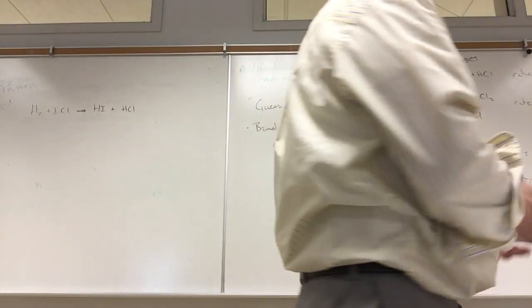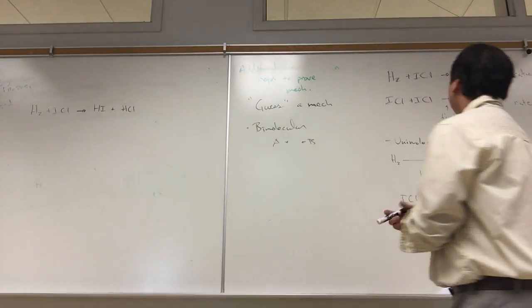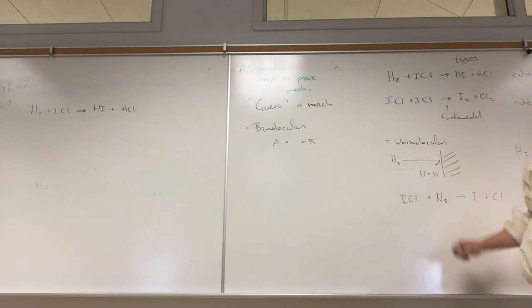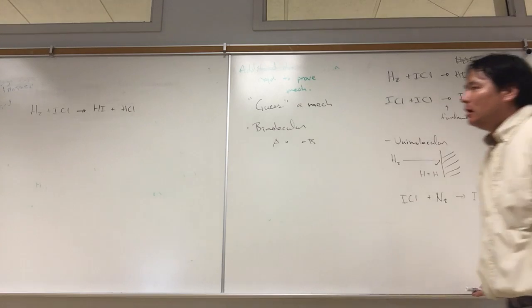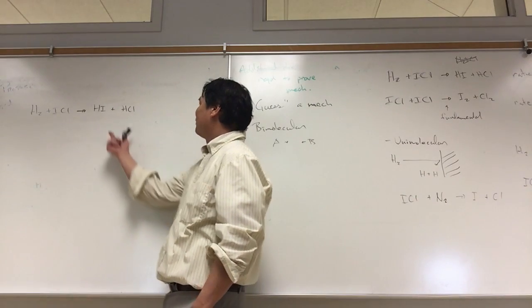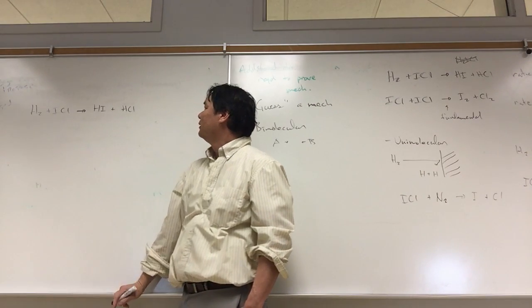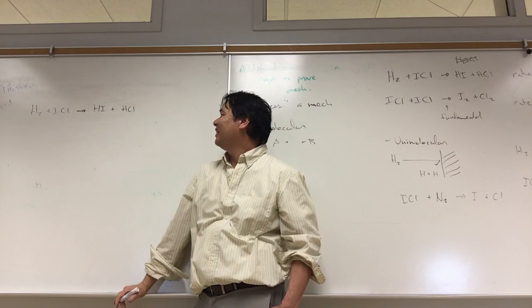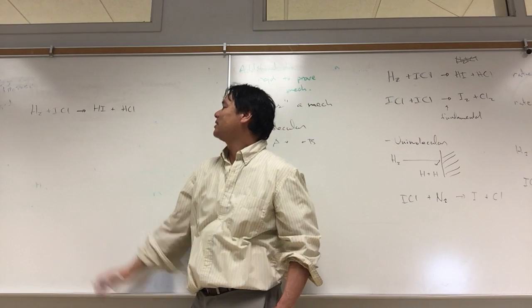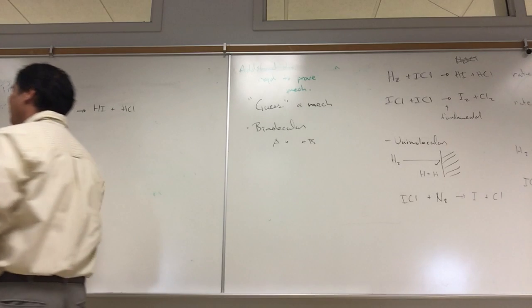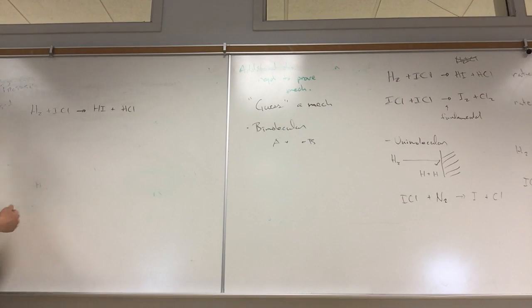But this seems totally reasonable, but you know what? There are other possibilities for products. Can you think of other possibilities? Well, actually, let's just go with this, and then we'll think of other possibilities.